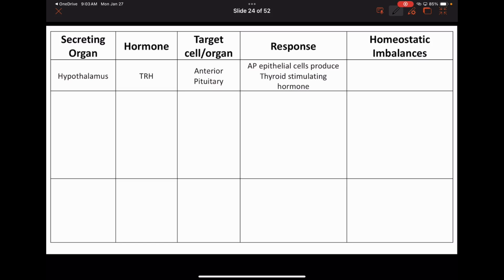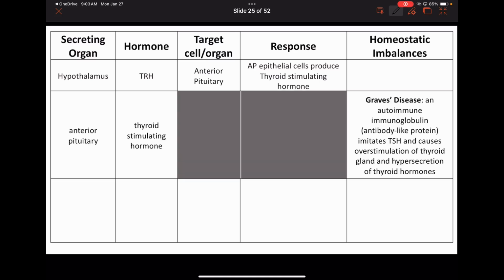Okay, so now thyroid hormone. We already talked about thyroid releasing hormone. The secreting organ there is the hypothalamus. That thyroid releasing hormone is going to target cells of the anterior pituitary, and the anterior pituitary cells, epithelial cells, can produce thyroid stimulating hormone.